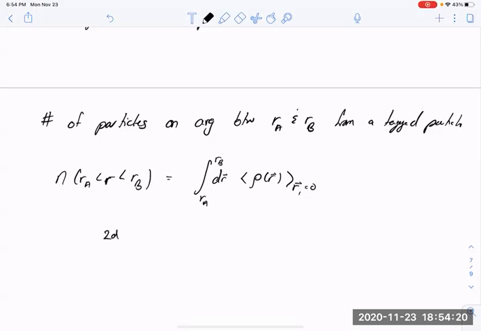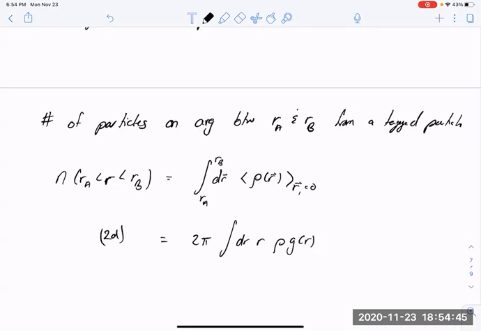In 2D, I can average over orientations of that vector, get a factor of 2 pi, and a r dr. The density given a particle at the origin is rho times the G of R.